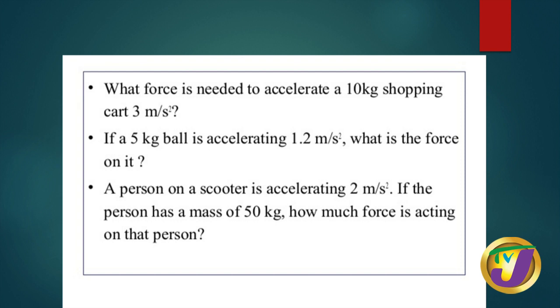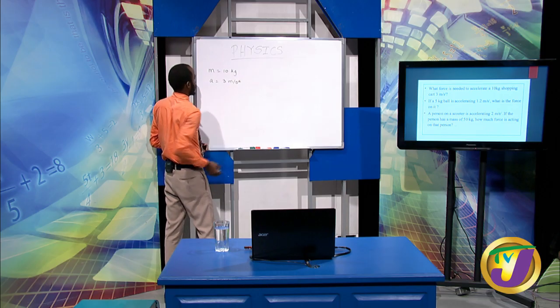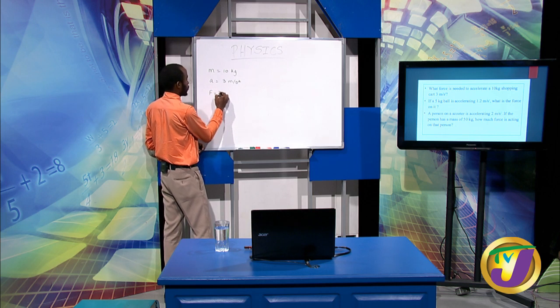Now, a quick question. What force is needed to accelerate a 10 kilogram shopping cart at 3 meters per second squared? So we have a 10 kilogram shopping cart, and we're given the acceleration of 3 meters per second squared, and we're asked for the force.